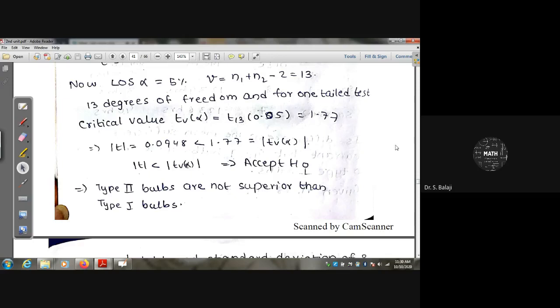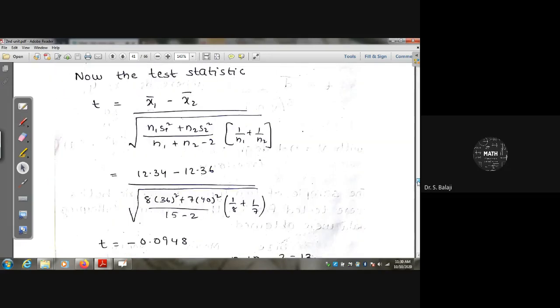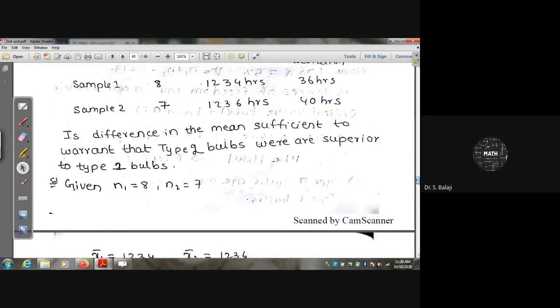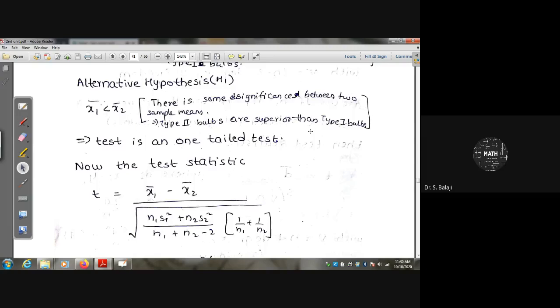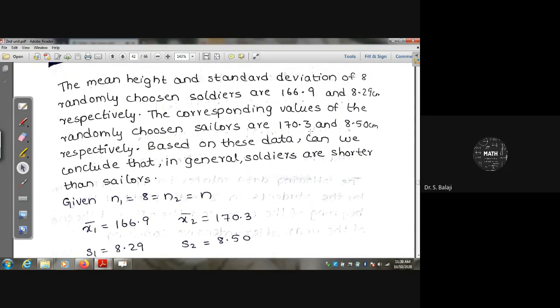Now take the data from the given problem here. What values are given?